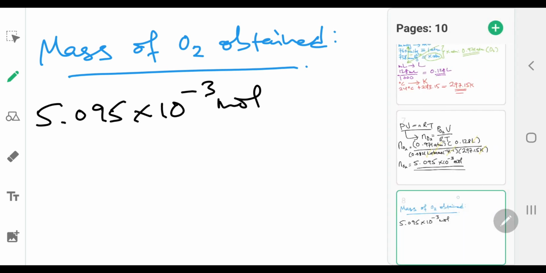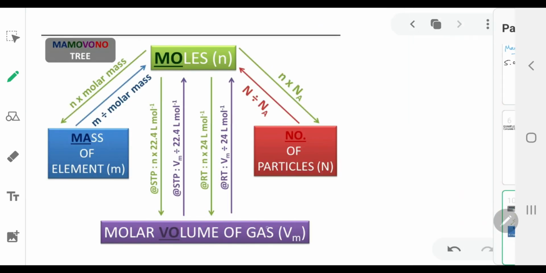So if you go back to your mole tree, you have your mole over here.